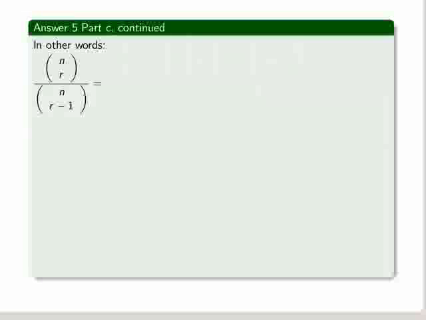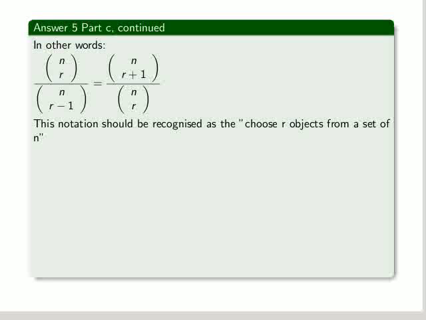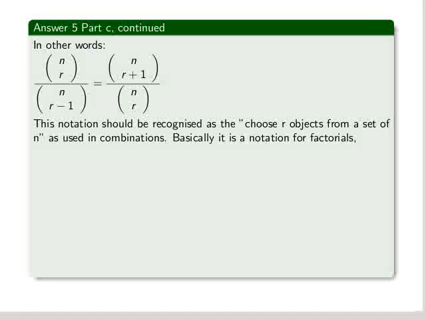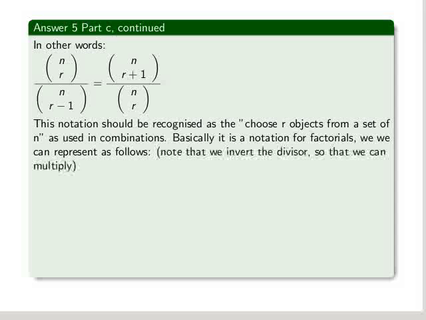In other words, we divide the second term by the first and let it equal the third term divided by the second. This notation should be recognized as the choose R objects from a set of n, as used in the area of combinations. Basically, it is a notation for factorials, which we can represent as follows.